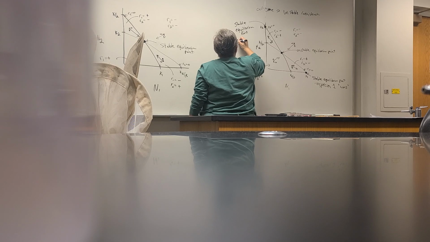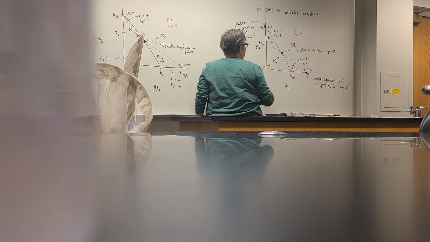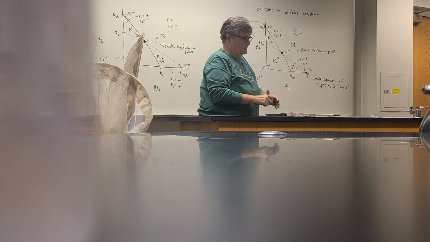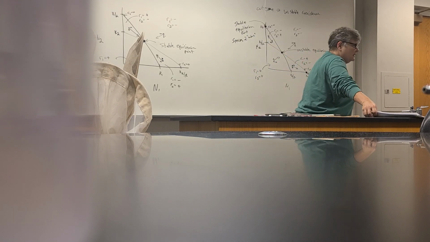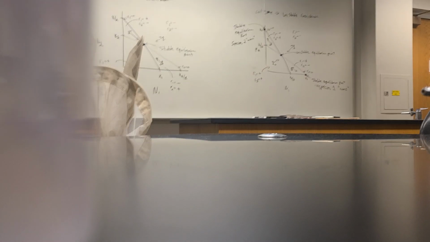And species 2 wins. Okay, so there's a lot going on in this graph. All right. I want to look at the first problem in which I give you arrows only. Let's look at that one together for a second.